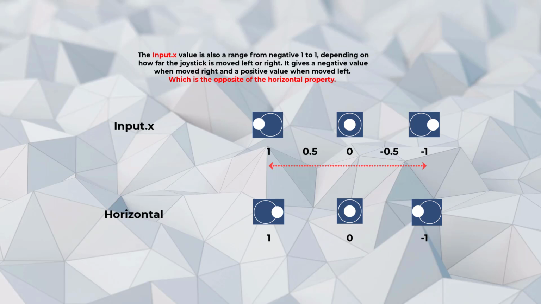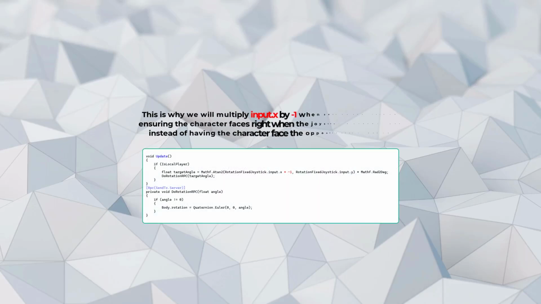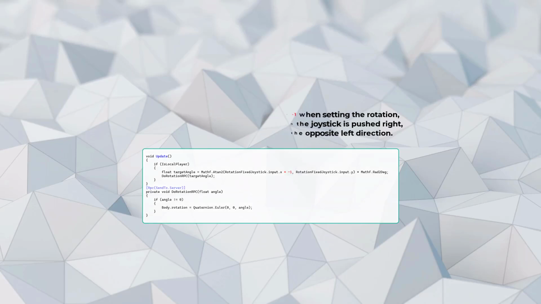It gives a negative value when moved right and a positive value when moved left, which is the opposite of the horizontal property. This is why we will multiply input.x by -1 when setting the rotation, ensuring the character faces right when the joystick is pushed right, instead of having the character face the opposite left direction.